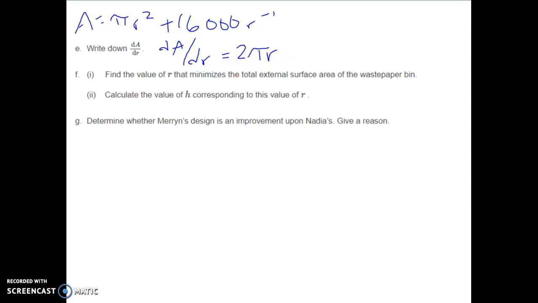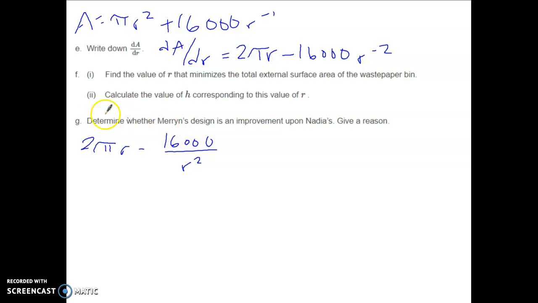And then negative 16,000, I'm sorry, positive 16,000 times negative 1 is going to give me negative 16,000 r to the negative 2. All right, and then I'm going to go ahead and rearrange that so that I have 2 pi r minus 16,000 over r to the positive 2. I'm just going to move that back down to the end.